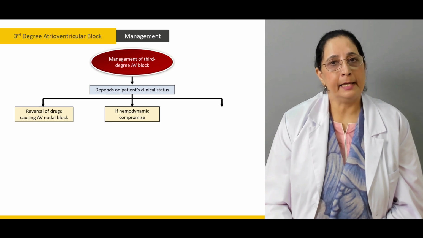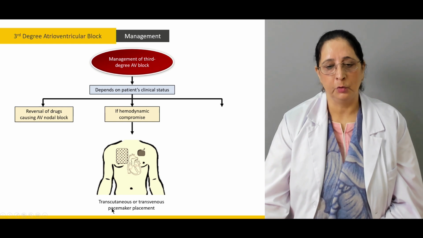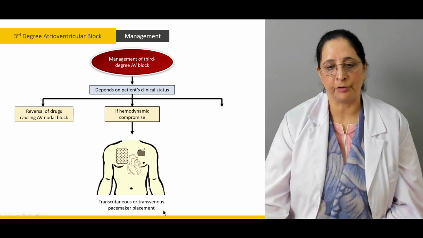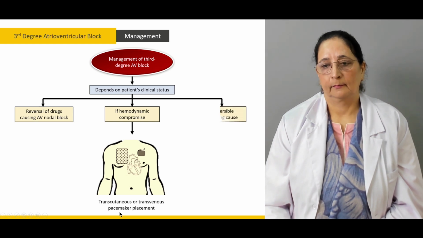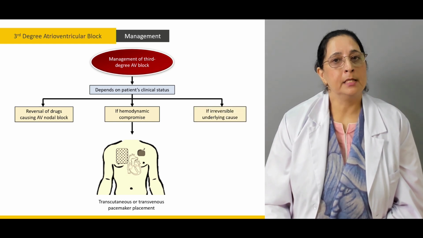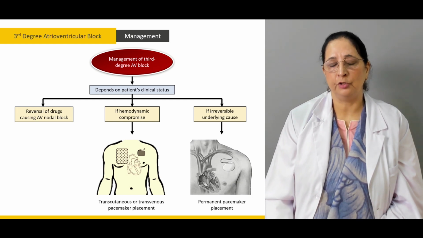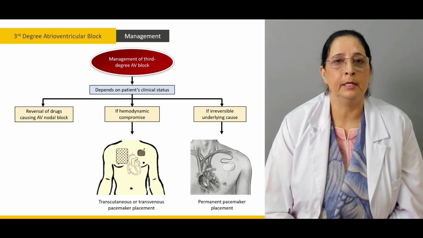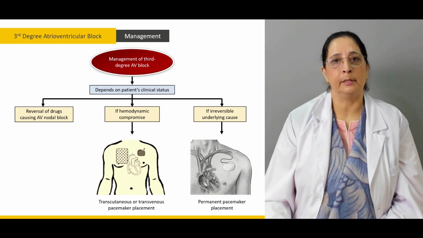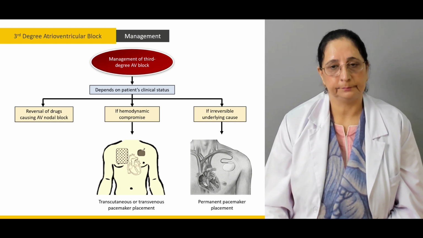If the patient is hemodynamically compromised, then we should use a transcutaneous or transvenous pacemaker. If an irreversible underlying cause is present, then we should use a permanent pacemaker. So all these are the management options for the patient with the third degree AV block.